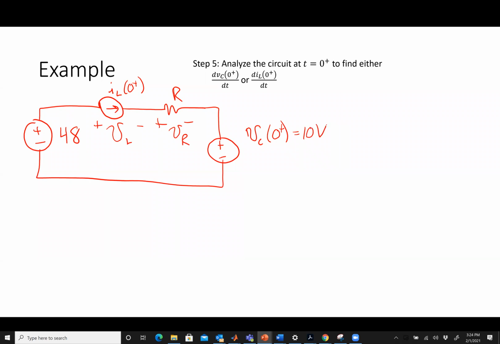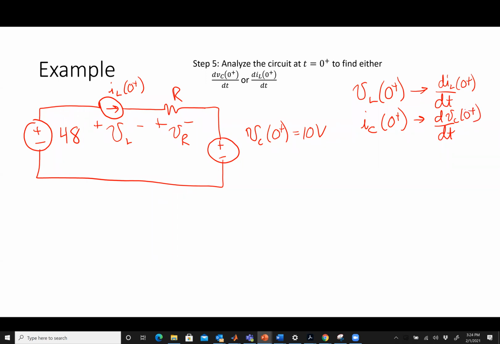So what I need to do is I need to solve for V sub L of 0 plus. That will get me to dIL/dt of 0 plus. And I need to do the same thing for I sub C of 0 plus. That will get me to dVc/dt of 0 plus.